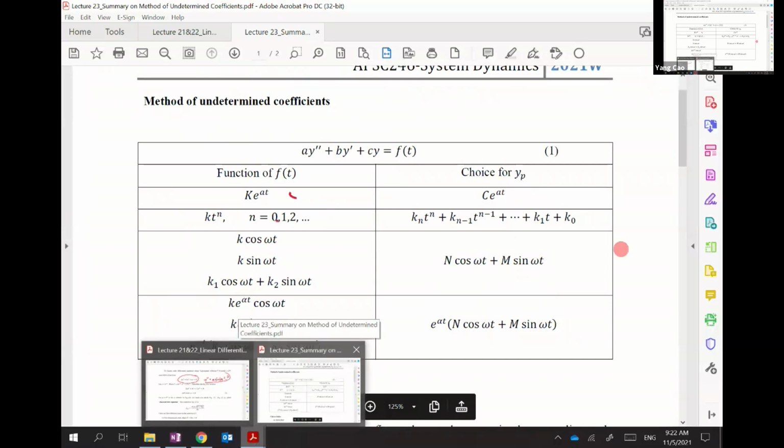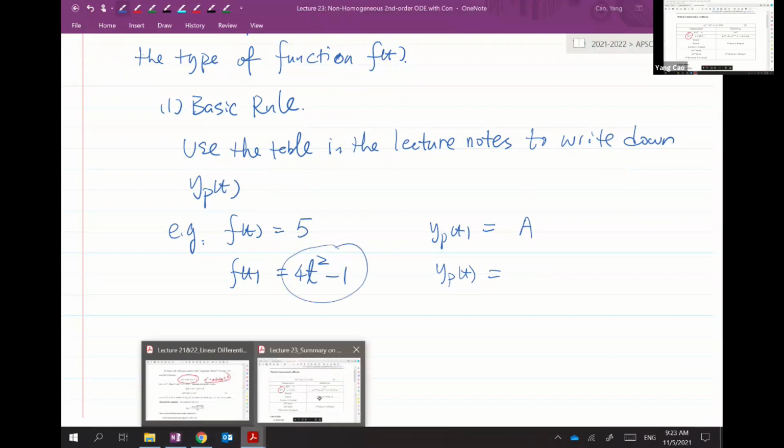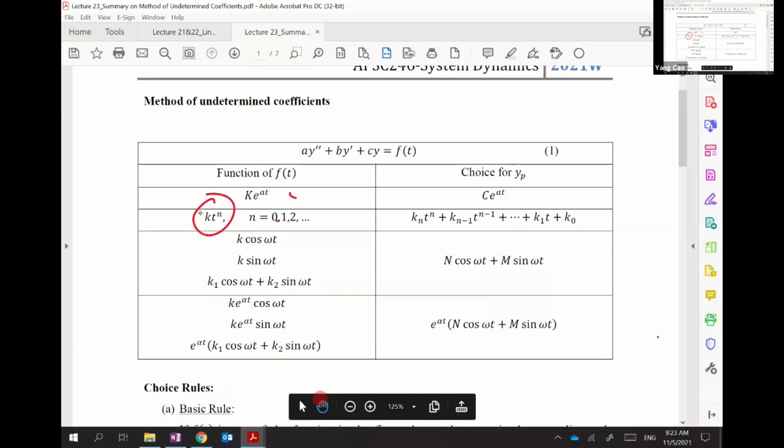This is definitely in a format like this. 4t squared minus 1 is not exactly k t to the n, but that minus 1 is naturally included inside this expression. In this case, you could use a sum rule, but that will come up next. So this belongs to this category here.